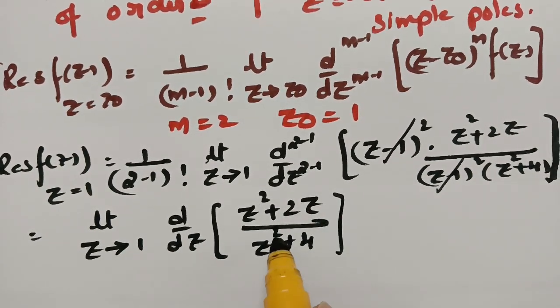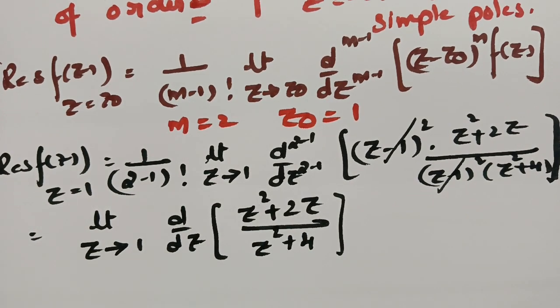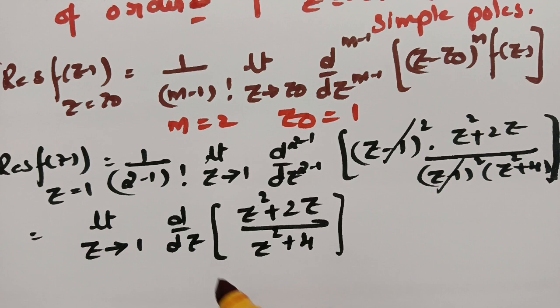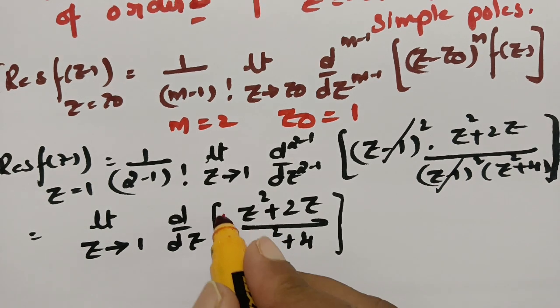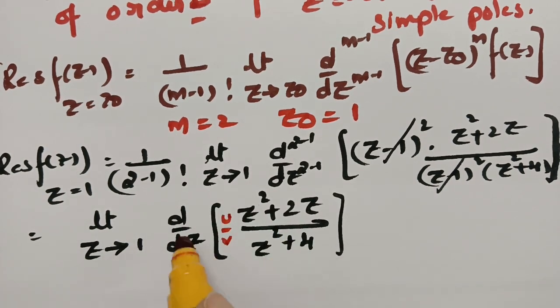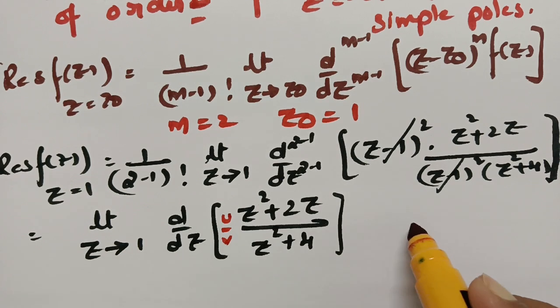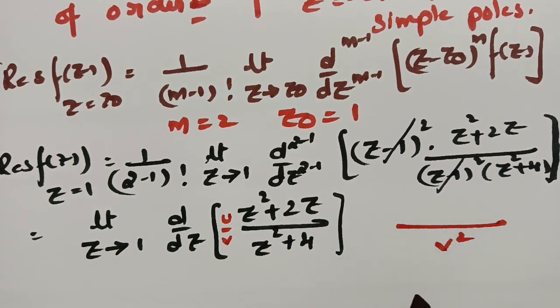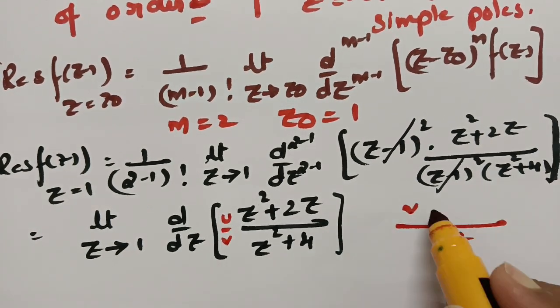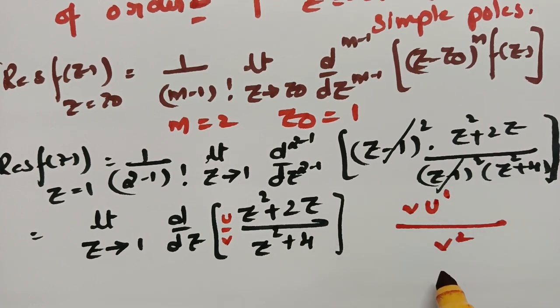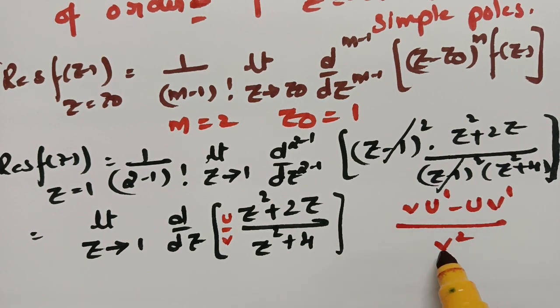I have to take the derivative of this function one time, and again I have to substitute z equal to 1. The derivative is of the form u by v. For the derivative of u by v, we make v square in the denominator, and in the numerator we take the derivative of u and leave v, minus leave u and take the derivative of v. So this is (v u dash minus u v dash) by v square.